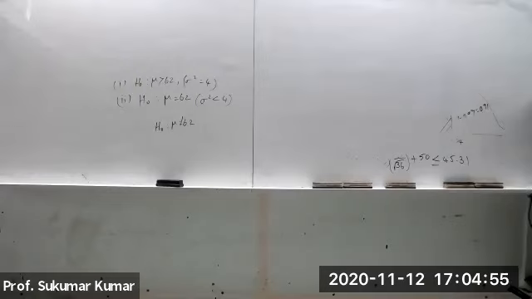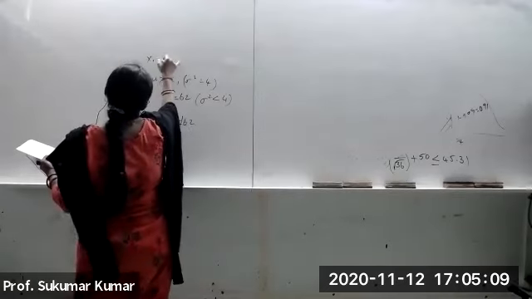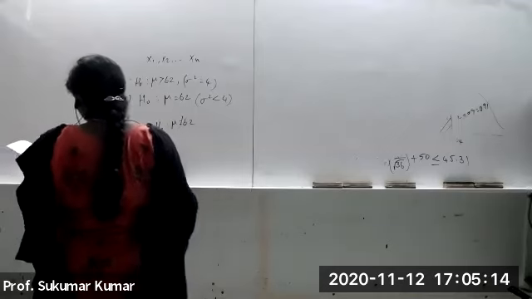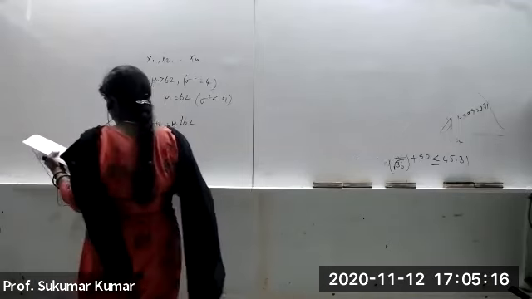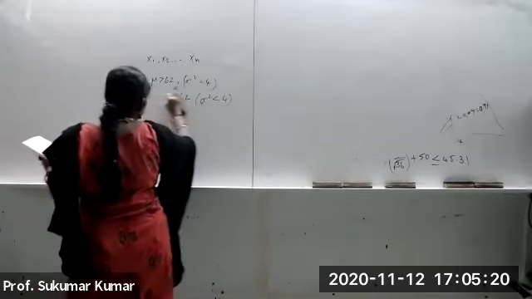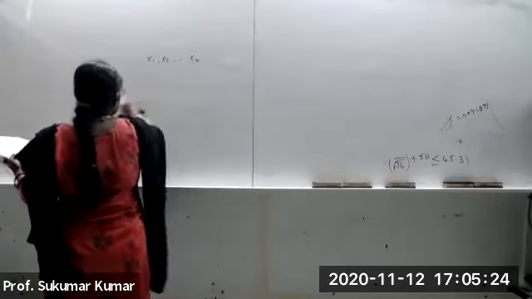Example: suppose x1, x2, etc. xn is a random sample from an exponential distribution with parameter theta.